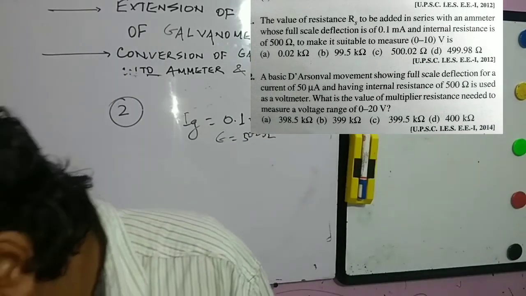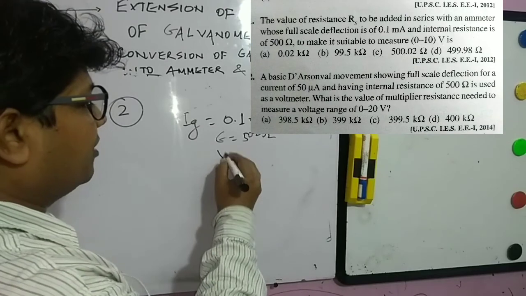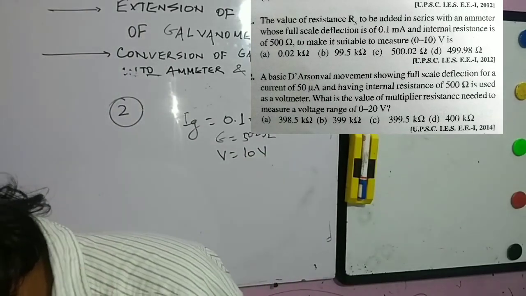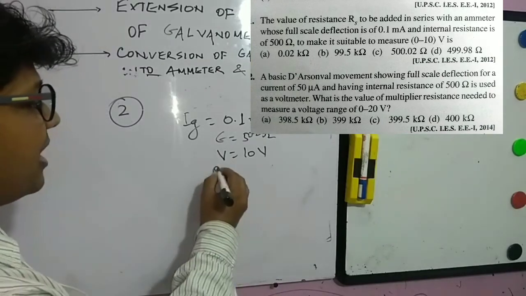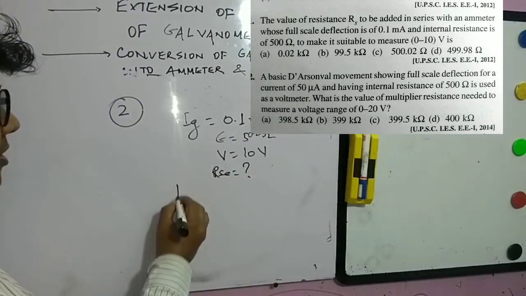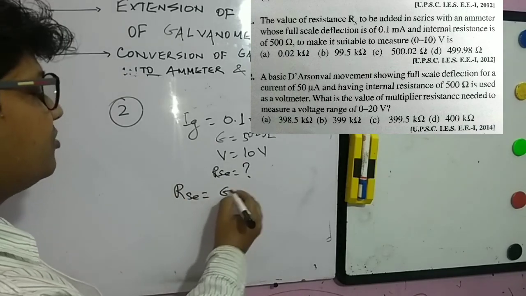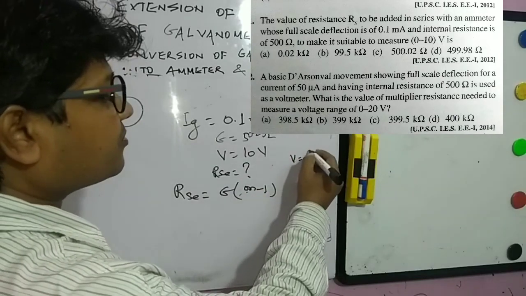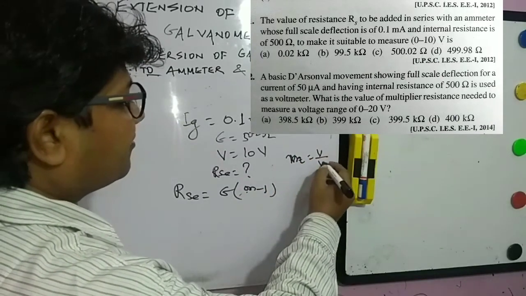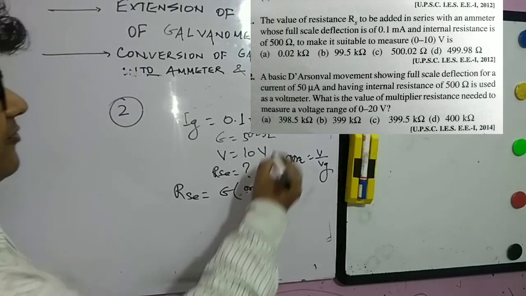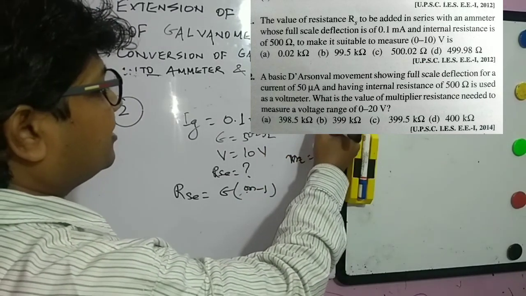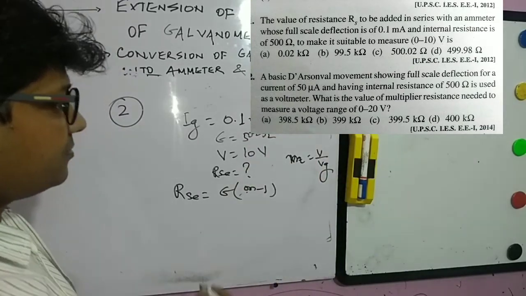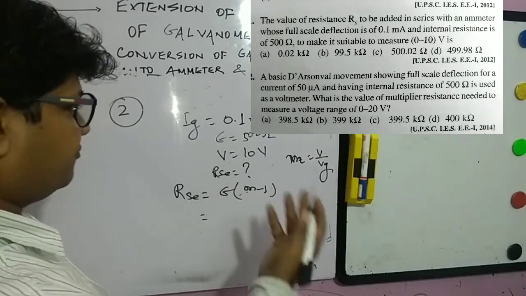To make it suitable to measure 0 to 10 volt, so V is equal to 10 volt, right? So what we have to find is the value of resistance, that is, we have to find out Rse. So the formula we have, Rse is equal to G into (m minus 1), and m is nothing but V by Vg, and Vg is nothing but Ig into G. This is the internal resistance, so everything we have, we can find out.